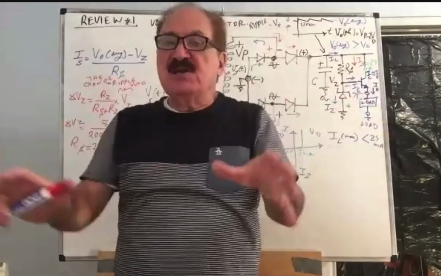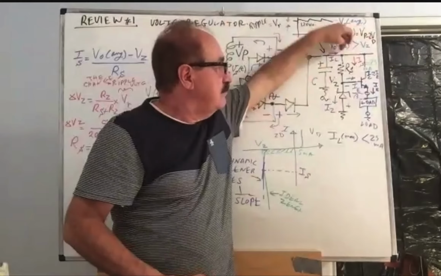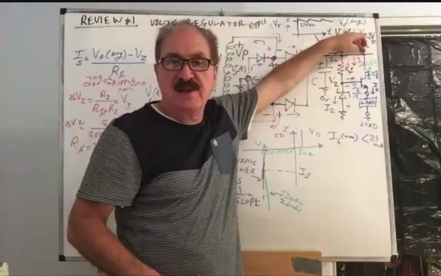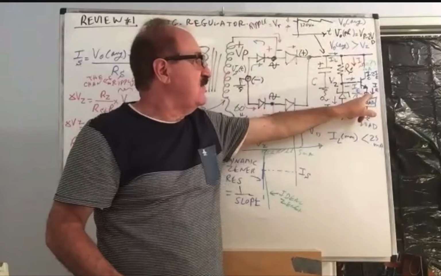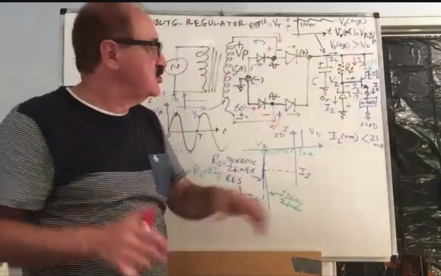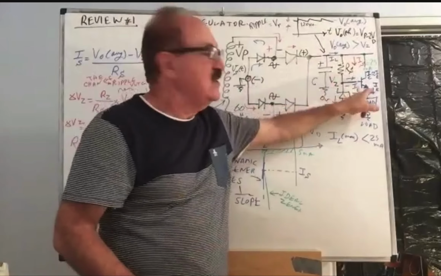It will not see the massive ripple on the capacitor. Massive ripple there will reflect on the collector, not on the emitter side. Emitter side voltage will be pretty close to the zener voltage, less by the VBE.